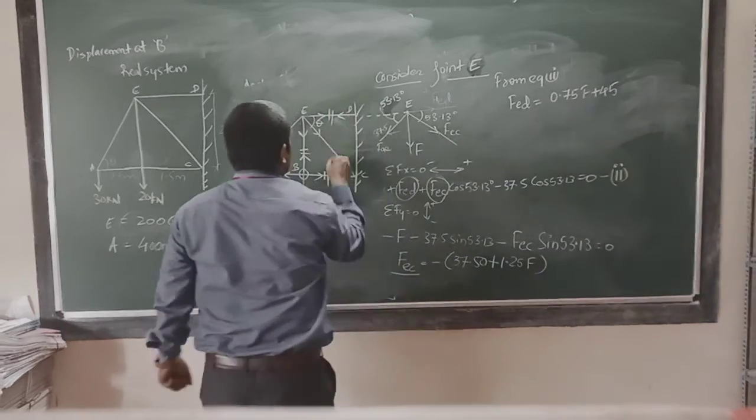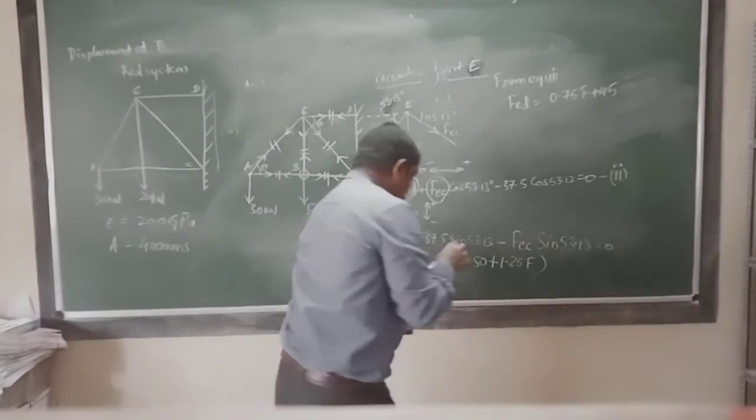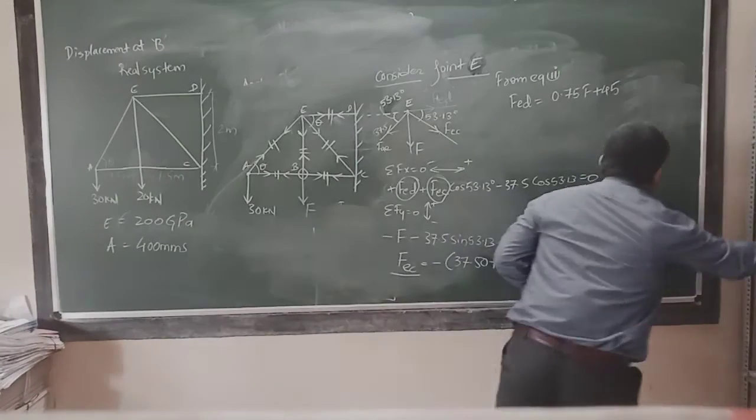So now this is also known, this is also known. So all the members are known now. Now let us make a table here.